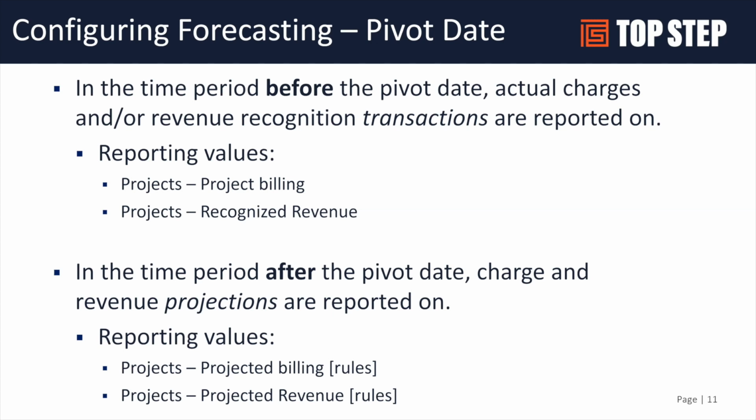Those give you the values up to the point of your relative date or your pivot date. The period after the pivot date is going to be your projected values. So projected billing and/or projected revenue will give you the projection-based data that the system is calculating for you.